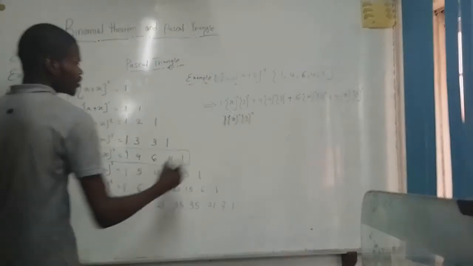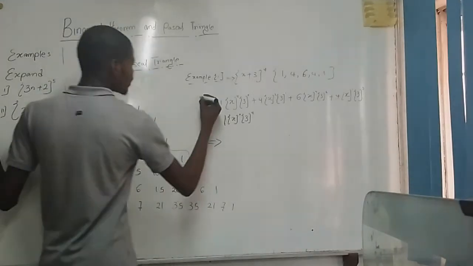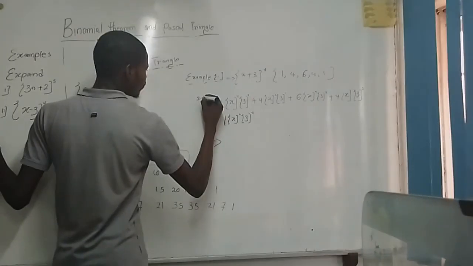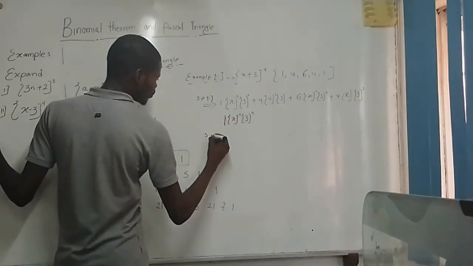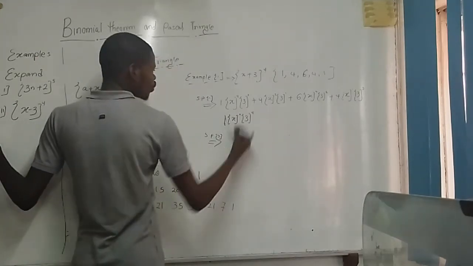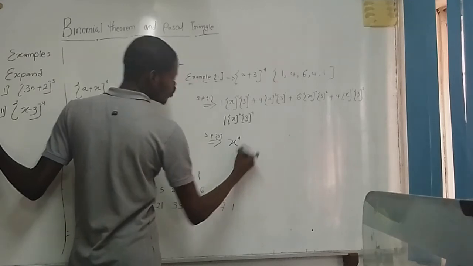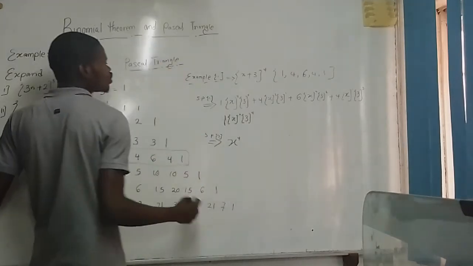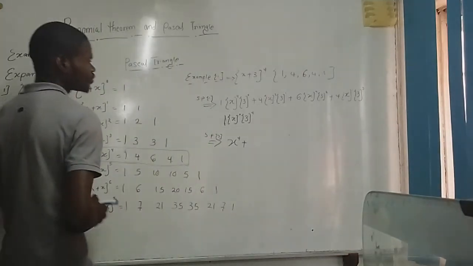Do you understand? So we continue again. Step 2. So x raised to power 4 is what? x raised to power 4. This raised to power 0 is also 1. So plus, we move forward.